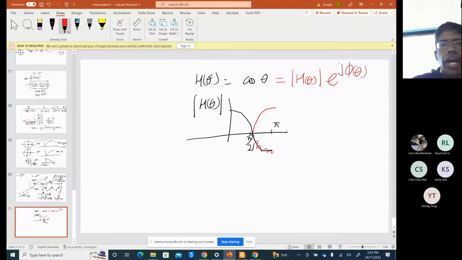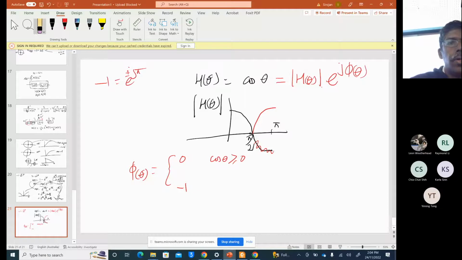Okay, so phi theta becomes 0 when cos theta is greater than or equal to 0, and minus 1, sorry, so what is minus 1? It is equal to e to the j plus or minus pi.